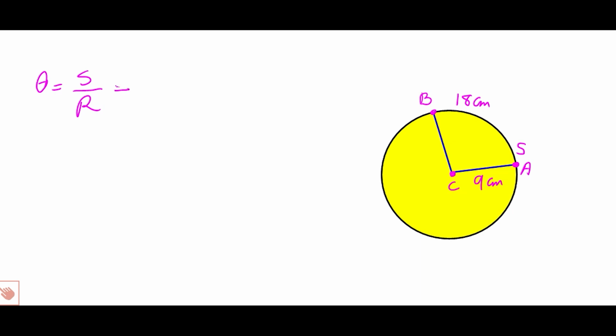So we have theta is equal to 18 centimeters divided by 9 centimeters, which is 2 radians.